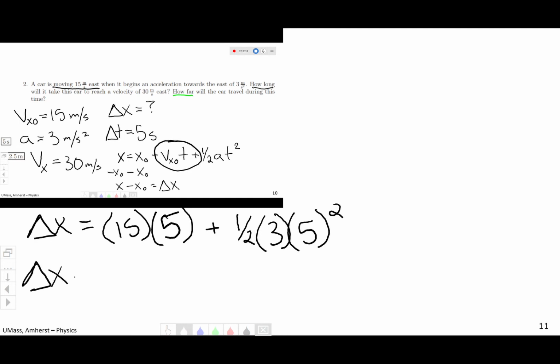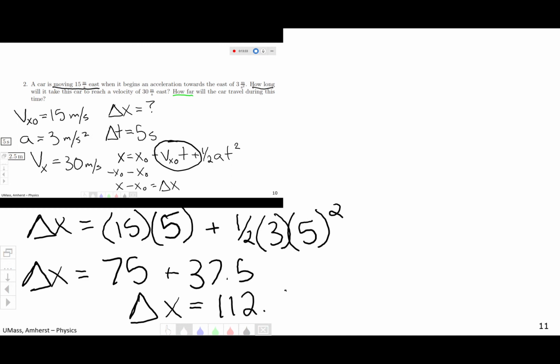Our delta x is 15 times 5, 75 meters, plus 1/2 of 3 times 5 squared, 25 times 3 divided by 2, 37.5. Add those together, you get a delta x of 112.5 meters. And there's your answer.